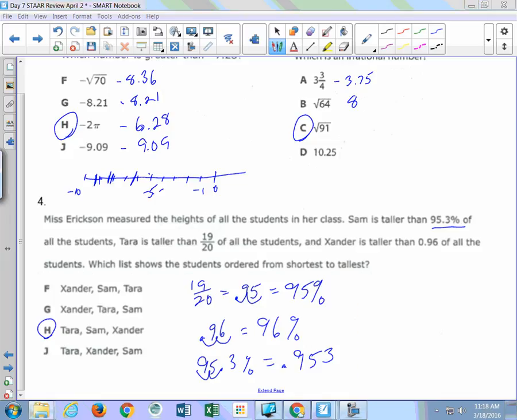If Xander came in last in multiple ones, we would then need to compare 95% and 95.3%. Since this does have a 0.3 on it, it's just a little bit bigger. So Sam is just a little bit taller than Sarah. So we would need to make sure Sam came second, Sarah came first.